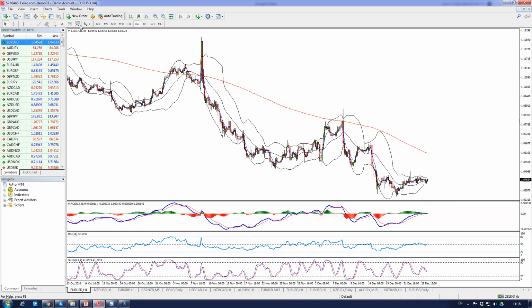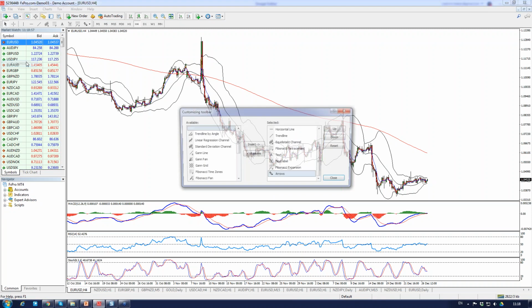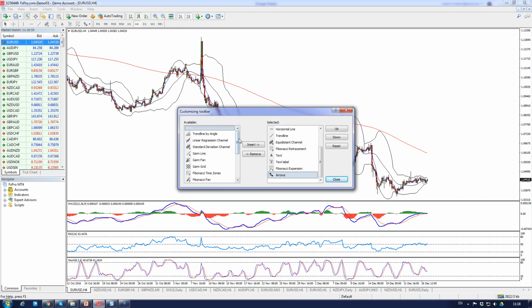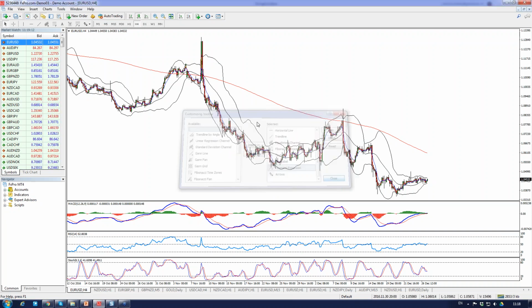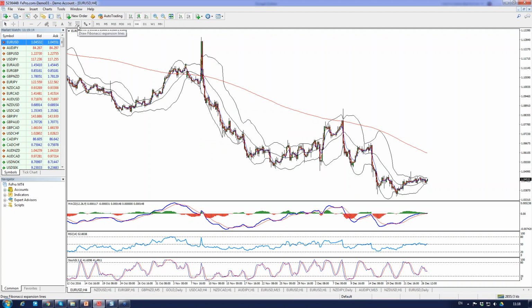If you don't have it on your MetaTrader 4, go to this dotted line from the left, right click on it, customize. In the signs here, you would find Fibonacci expansion. Just make it insert inside and then boom, voila, it will appear in the selected one. And this is where you'll get it. Okay, that's the sign of it.